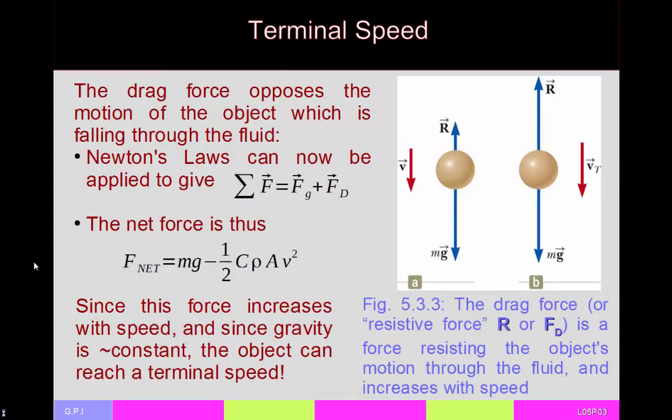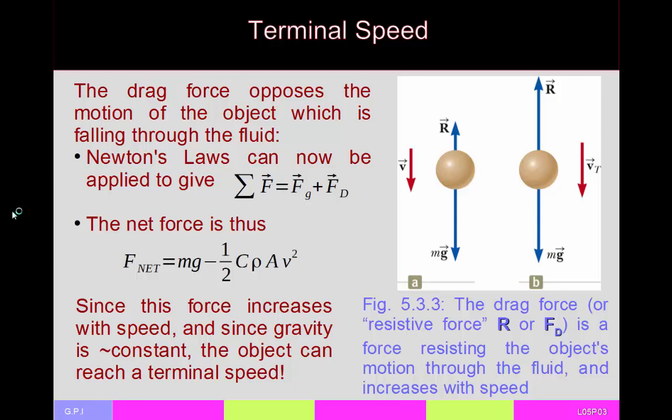So what I want to do now is look at how we can obtain the terminal velocity. And again, the drag force is opposing the motion of an object which is falling through a fluid. It is a force, which means that we can apply Newton's laws. And so specifically, we're looking at Newton's first law and Newton's second law here.